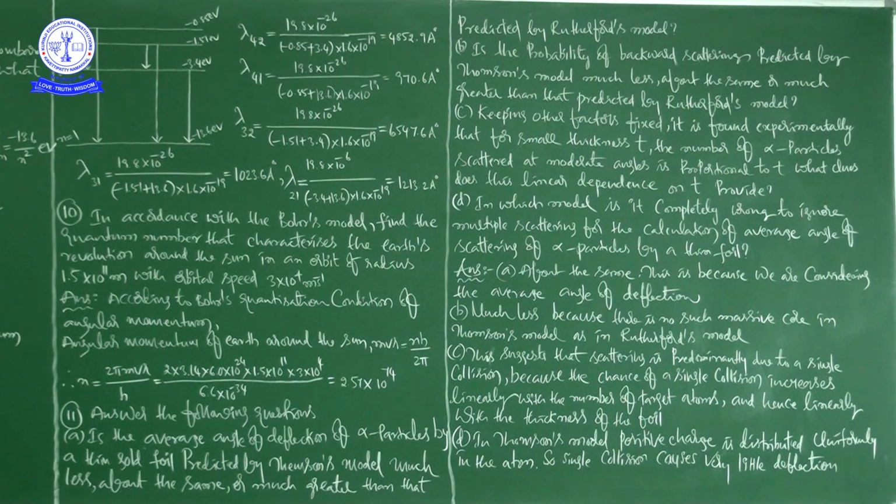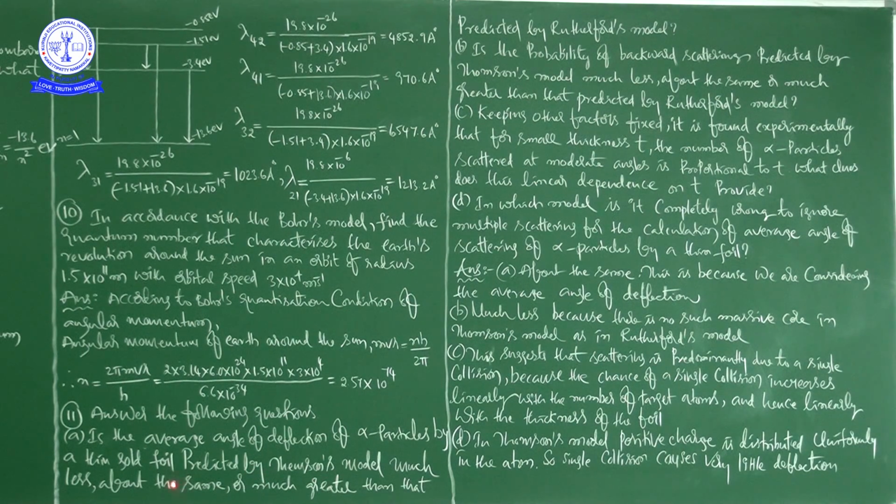So in this class we discussed 3 problems. In the first problem, by knowing the energy of the photon or electron beam used to bombard gaseous hydrogen at room temperature, we calculated a series of wavelengths. In the second problem we calculated the quantum number that characterizes the Earth's revolution around the sun, using the orbital radius, speed and mass of the Earth.